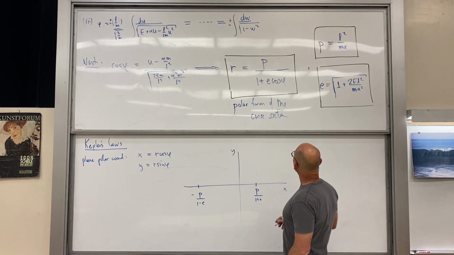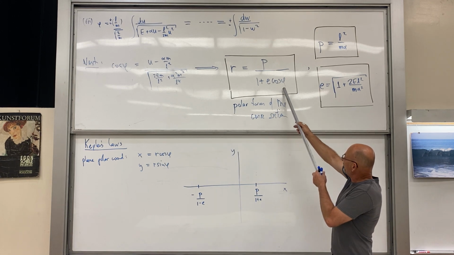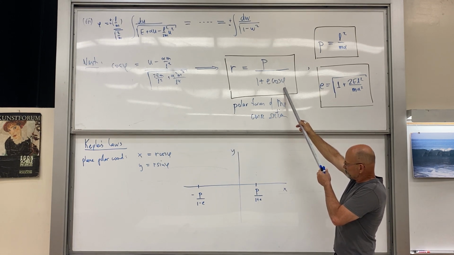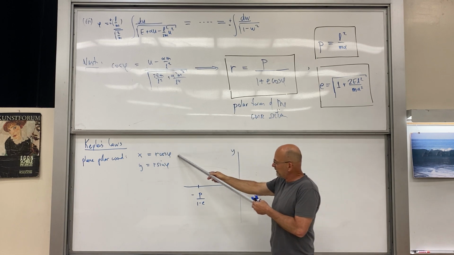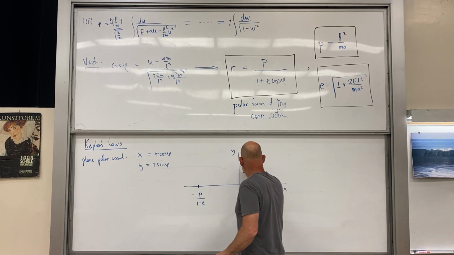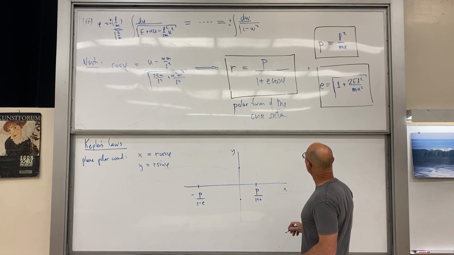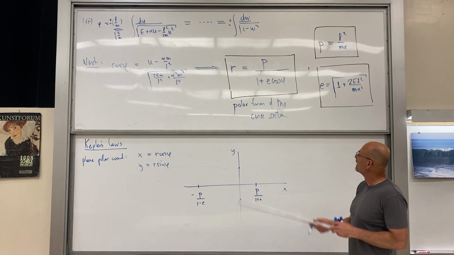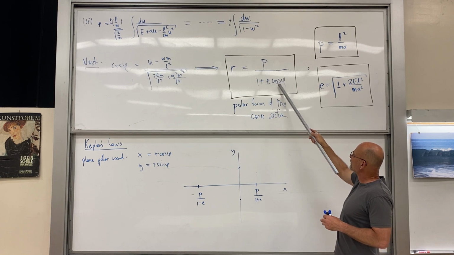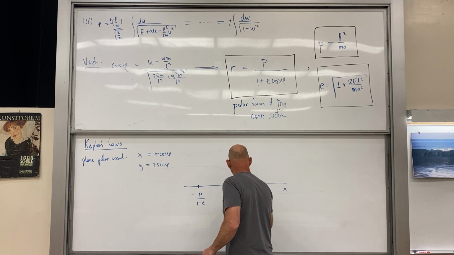What about phi is equal to pi over 2? Then x is 0 and y is r. And that means we're right up here. Phi is equal to pi over 2, and it'll be symmetric, and it will just be equal to p, right? p over 1 plus 0. So this is p and this is minus p.